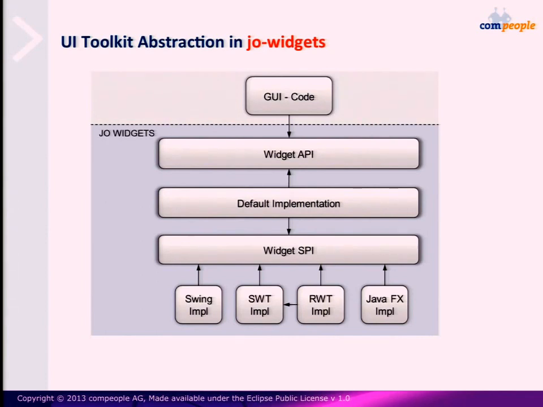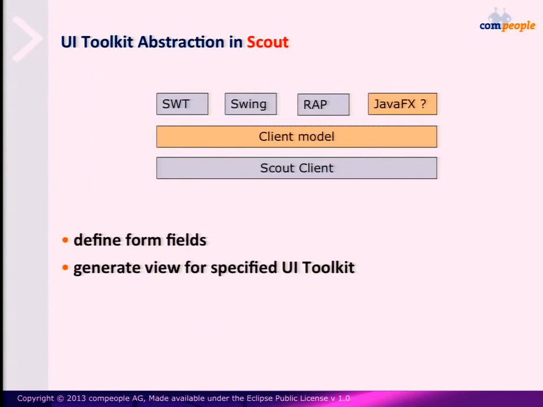They have one API on top where you define, this is a text widget, this is the maximum length, and stuff like that. And then underneath, they have service SPIs for plugging in the implementations for the different toolkits. That way, you can also write applications that run on multiple toolkits.